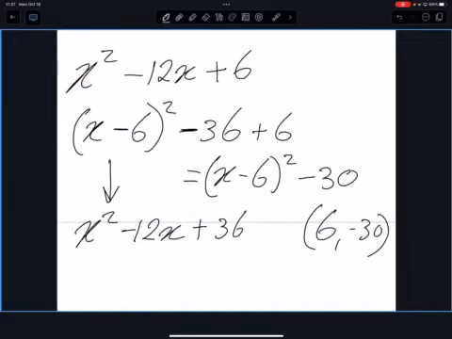Because it's negative in the bracket. Yes, if it's negative in the bracket, it's positive as a coordinate. If it's positive in the bracket, it's negative in the coordinate.